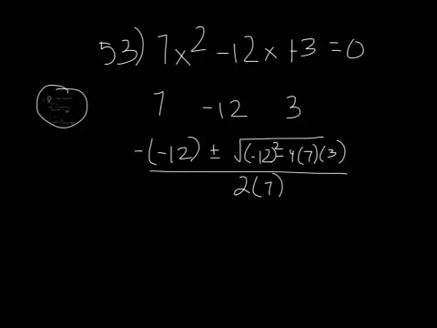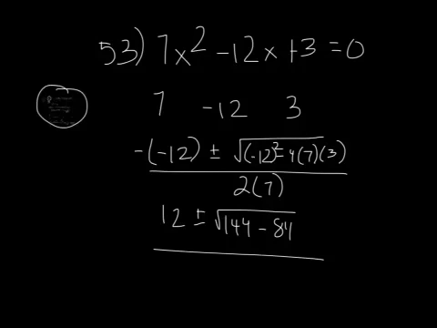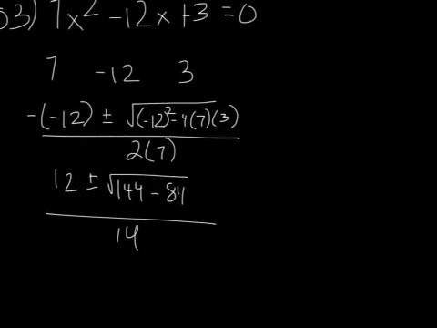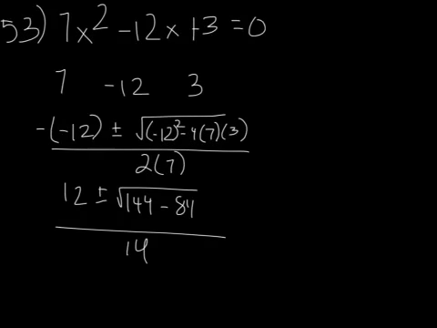So if you notice, our beginning step is still just use quadratic formula. Simplifying this, you would get 12 plus or minus the square root of 144 minus 84 over 14. So let's move that over here for just a moment so we can get some work on the right. We're going to do the rest of the work over here.